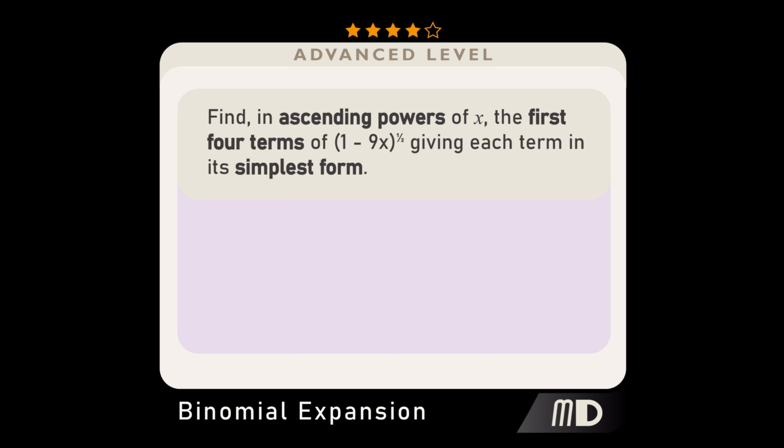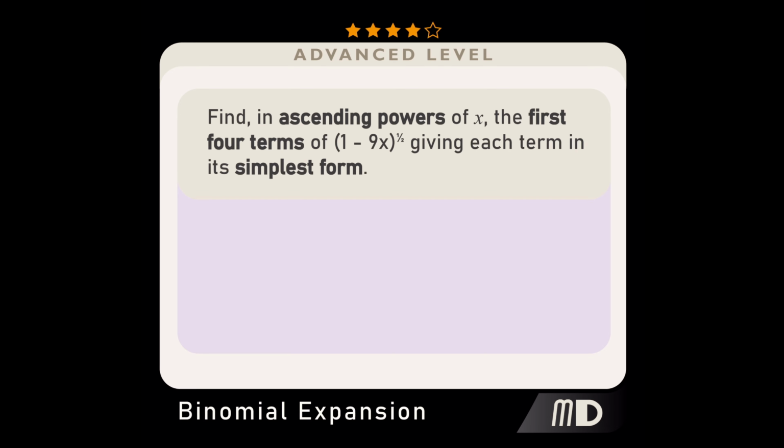Where the value of n is fractional, such as 1/2, the expansion is an infinite series. That means that we can use a generalized binomial theorem formula, allowing us to expand the polynomial with 2 terms without having to perform repeated multiplications.